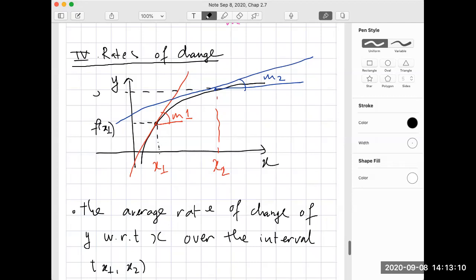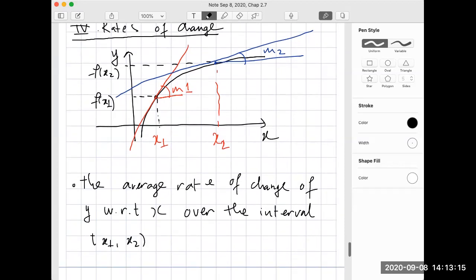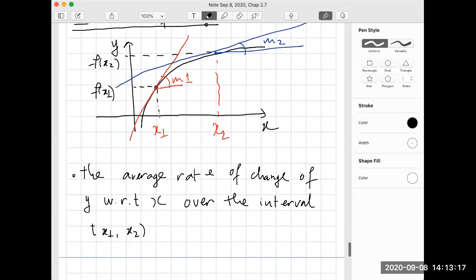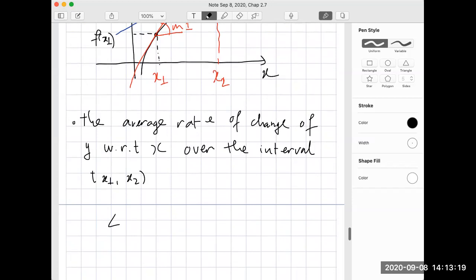This guy is f of x2. So we see that dy over dx is f of x2 minus f of x1 divided by x2 minus x1.